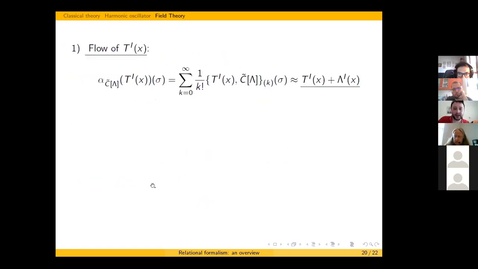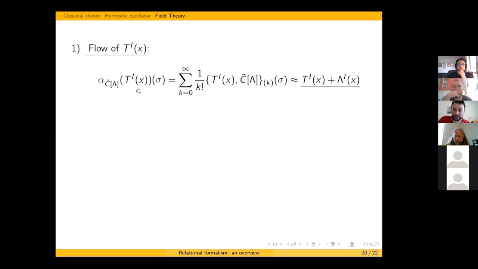By doing this, we now just follow the algorithm and say, okay, now I calculate the flow of Ti with this mirrored constraint. Of course, this is given by this. And what turns out, and it's simple, is that on the constraint hypersurface, this is linear now.